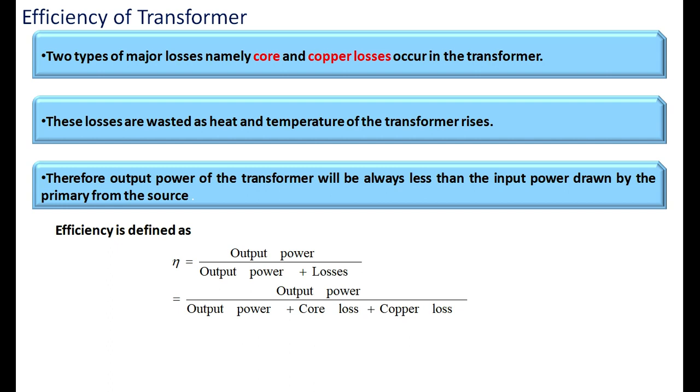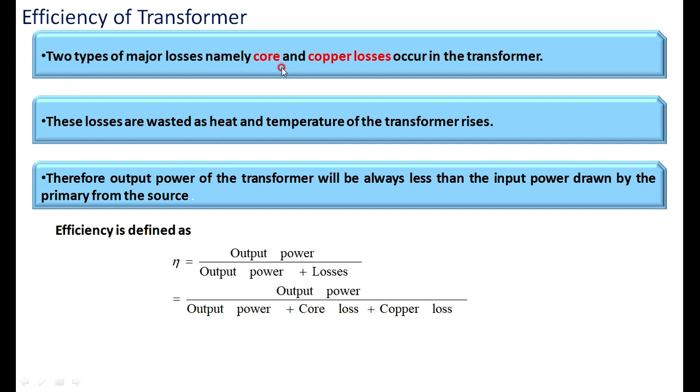That is, the efficiency can be expressed as the output divided by output plus core loss plus the copper loss. Here the copper loss depends upon the loading of the transformer. If it is full load, the copper loss corresponds to full load copper loss. If we are loading for half of full load, then the copper loss corresponds to half the load. How to calculate these things, we'll see now.